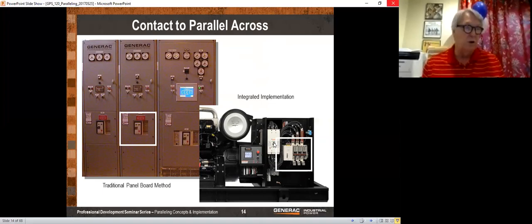We still have a circuit breaker. In the smaller generators where we can, we prefer to use a contactor in order to do our paralleling, and the circuit breaker is simply for circuit protection and to use as a lockout. Once you get into very, very large systems, of course, contactors are not available and you're going to have to use a circuit breaker, but we prefer the contactor where we can.